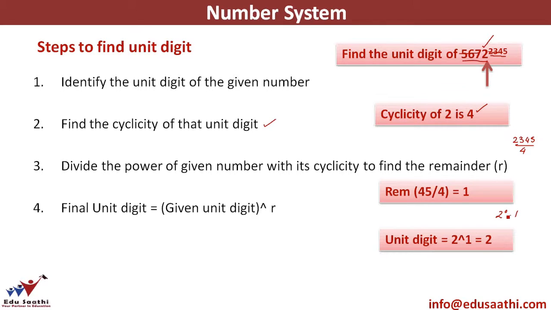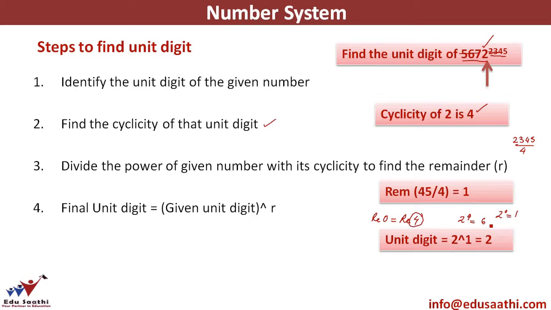It does not end with 1 anytime. So a remainder of 0 is actually equal to a remainder of 4. So my answer in that case would be the answer for 2 raised to power 4, which will be 6, and not 2 raised to power 0, which will be 1.